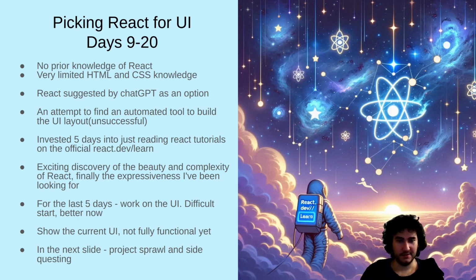After I completed the reading, I moved on to actually implementing the UI. And the first 1 and 2 days were very difficult. I've made a lot of mistakes. The learning curve was quite sharp.